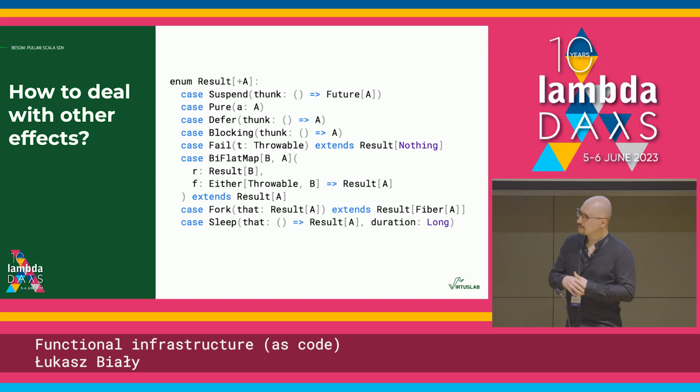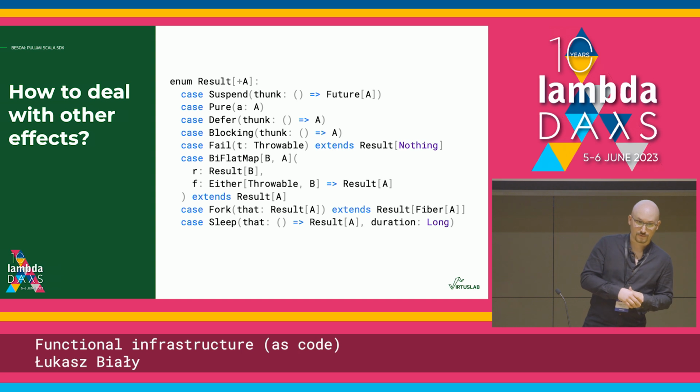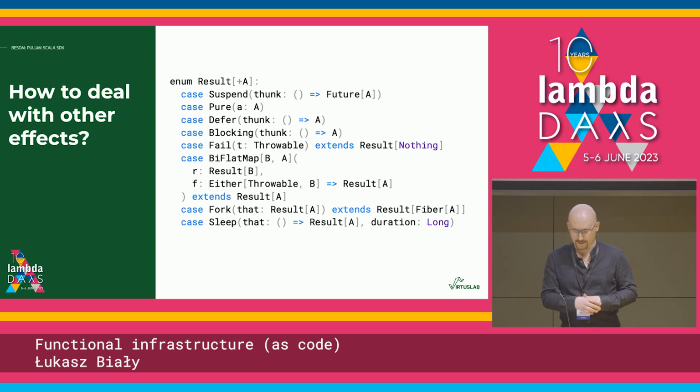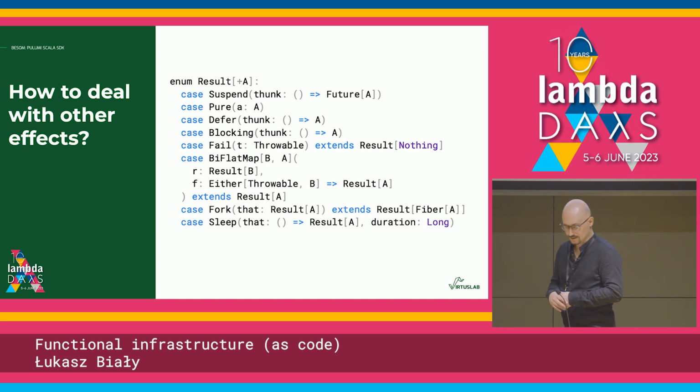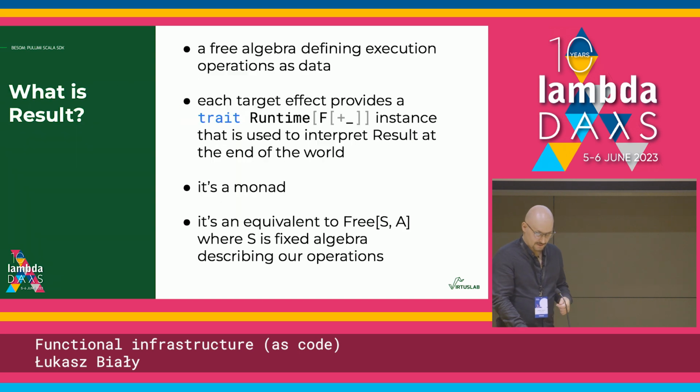It doesn't do the most beautiful thing, as you can see in the suspend case. Here we are basically expecting it to evaluate whatever to a Scala Future of A, which probably isn't the nicest thing in the world, but actually we do that at the end of the world. So maybe it's not that bad.